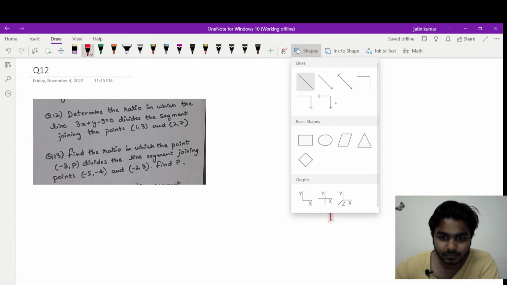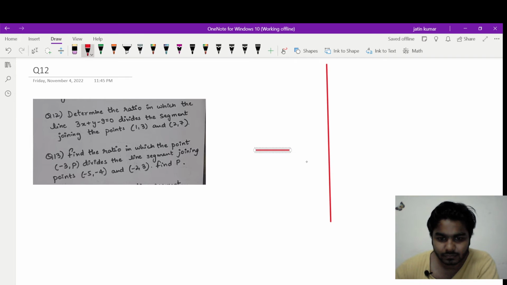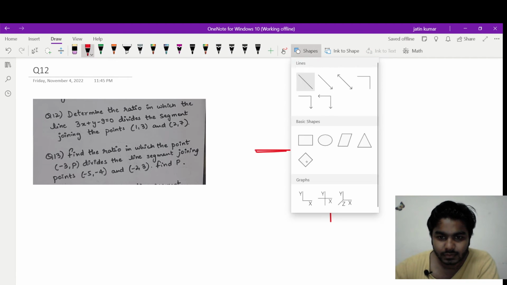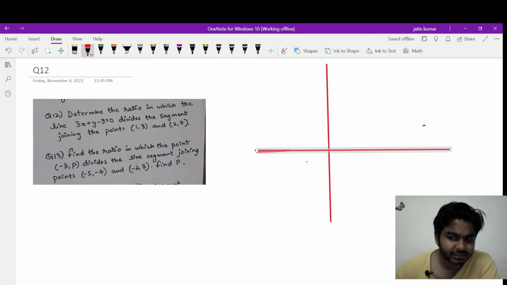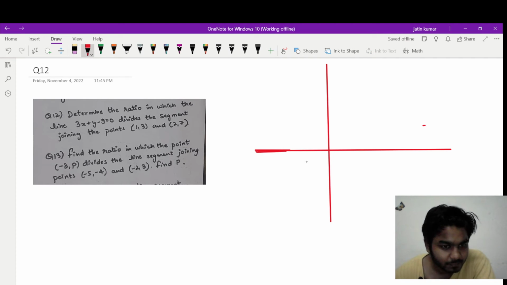This is the Cartesian plane, x-axis and y-axis. So we have two points, (1, 3), somewhere here, right, and another point (2, 7), which will be somewhere here.